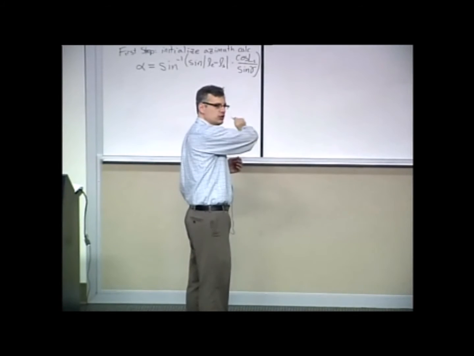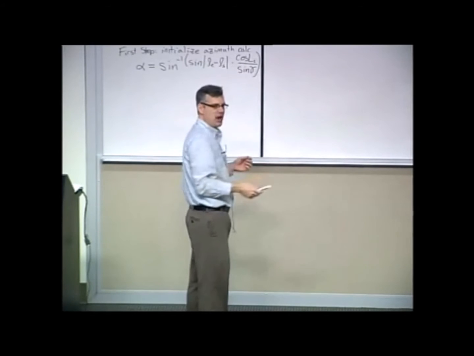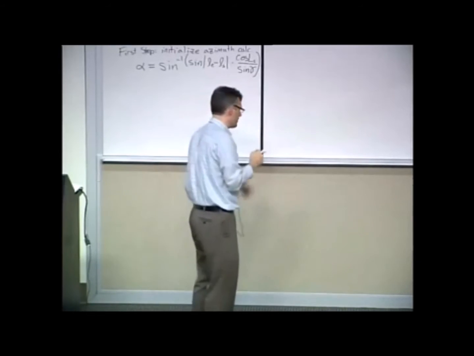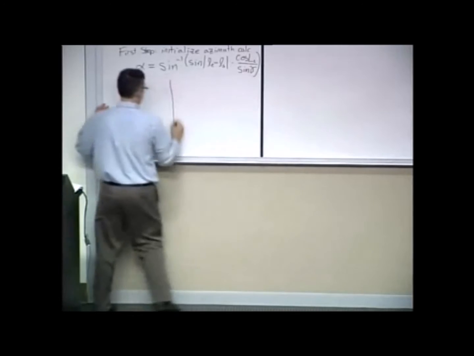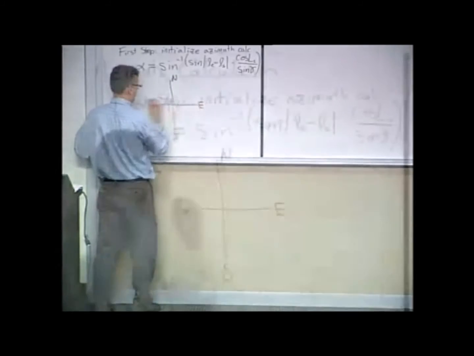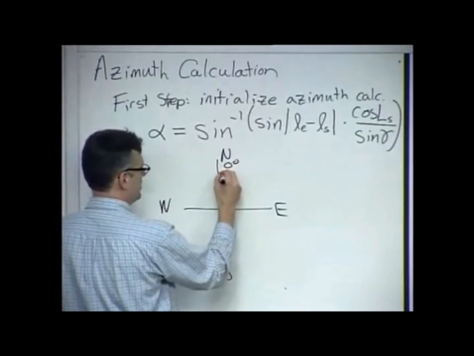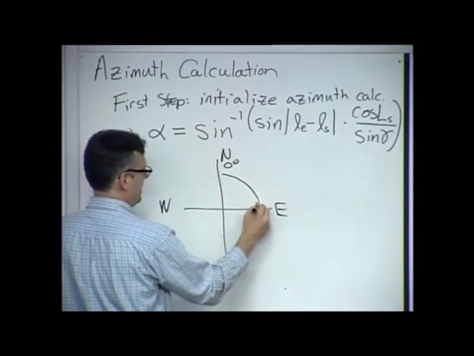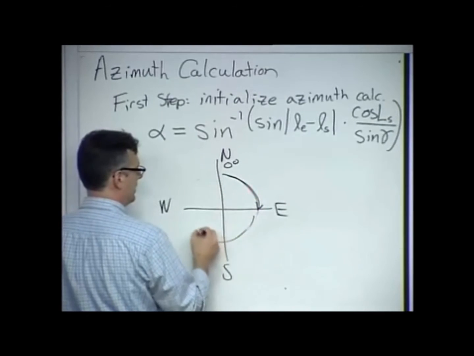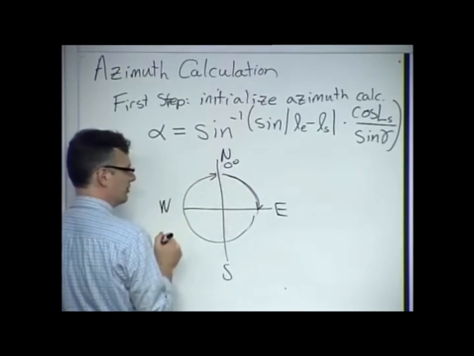So we are increasing in azimuth just clockwise, looking down from above. So if I do north, south, east, west, this is 0 degrees. Increasing azimuth increases in this direction clockwise until you get to 360 degrees where it repeats over here.